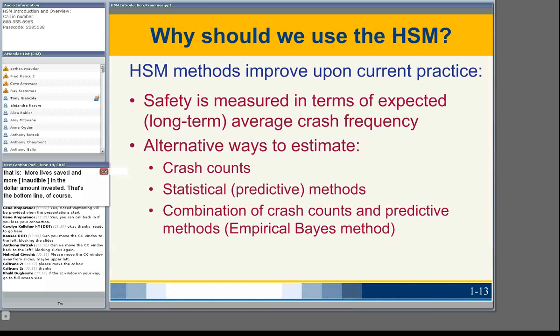A key to why we should consider using the Highway Safety Manual is that its predictive methods apply the most appropriate methods to address issues that crash counts don't address. These include bias, which if you're not familiar with that term, the second example I'll show will illustrate.